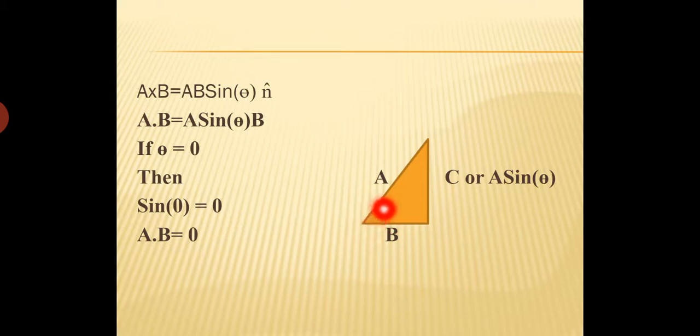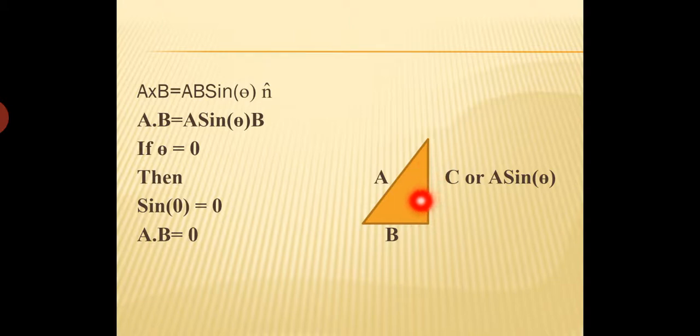So when we talk about the projection on x-axis, we use the cos theta as we have done in the scalar product or dot product. But here in cross product we will use its perpendicular component, that is the vector c here, or A sine theta.